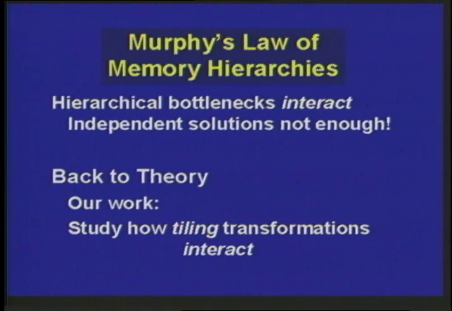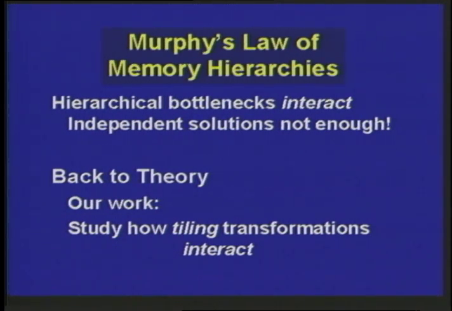And so this nice way of approaching the optimization problem, to divide it up and treat each architectural feature separately, isn't enough in the case of these hierarchical bottlenecks. So this problem with practice is now going to take us back to theory, to develop new theory in order to be able to handle this.